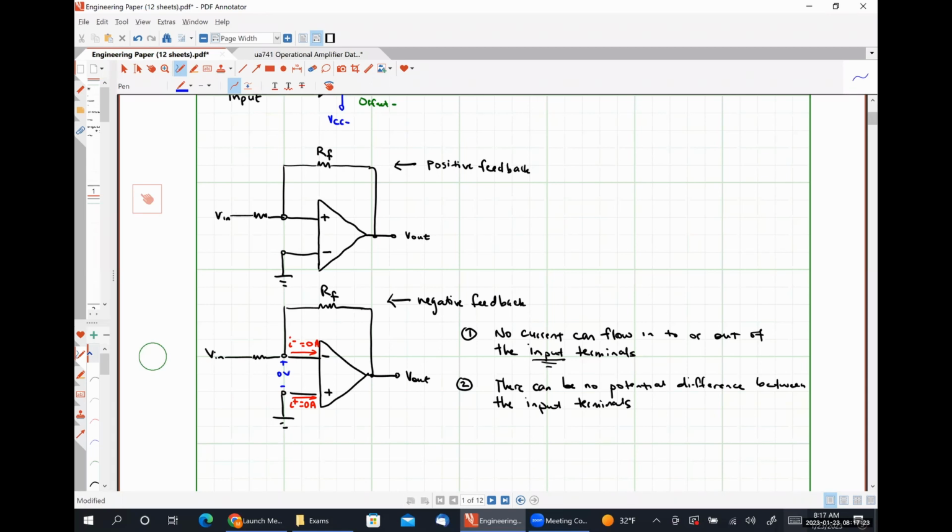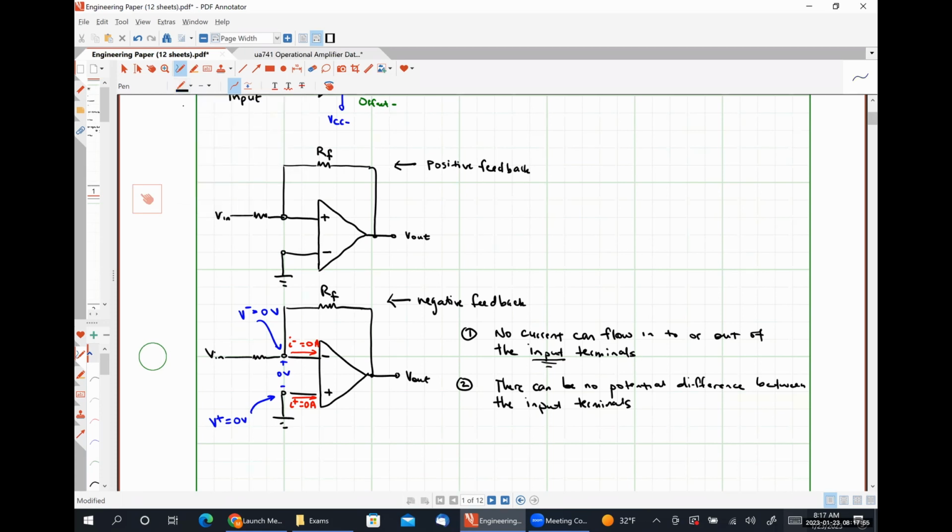Another way to think about this is that if the voltage at one of our terminals is known, so for instance, our non-inverting input terminal voltage V plus here is connected directly to ground, that means our voltage here at our inverting input terminal must also be 0 volts because there is no potential difference between our input terminals.